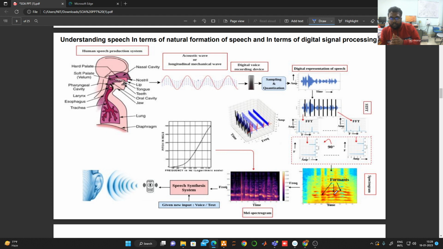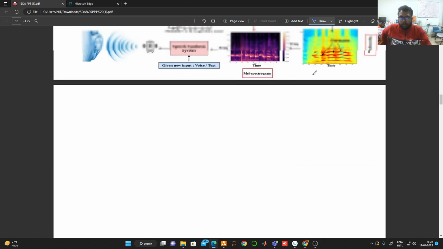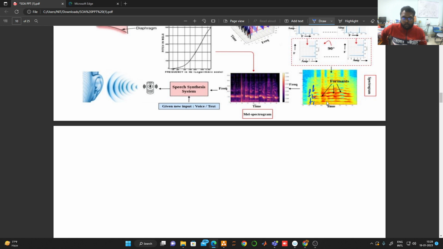Now how do we represent the phonetic sounds using these formants? As you have already seen, we have different formants, say F1, F2, F3. This is the F1 formant, this is the F2 formant, this is the F3 formant.